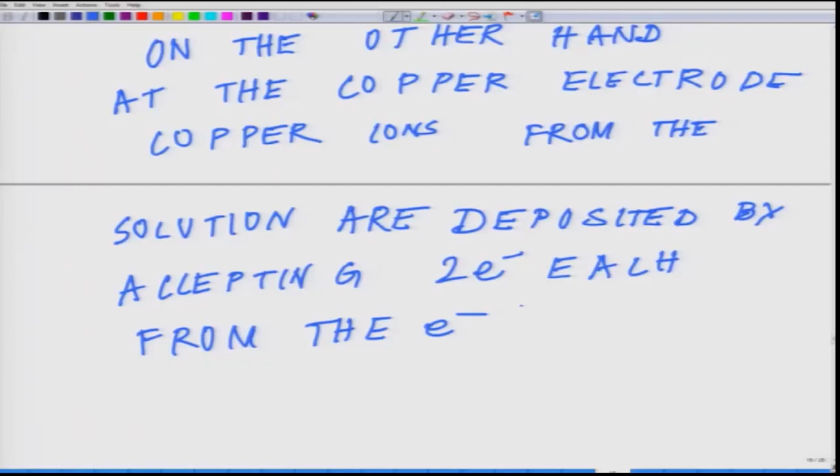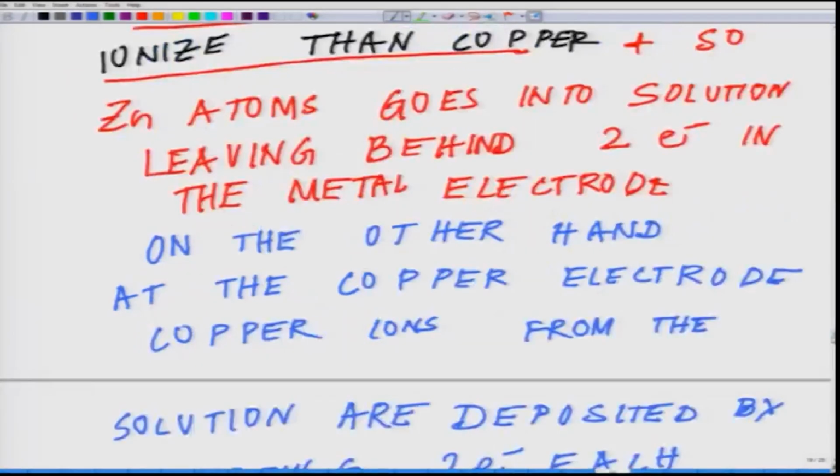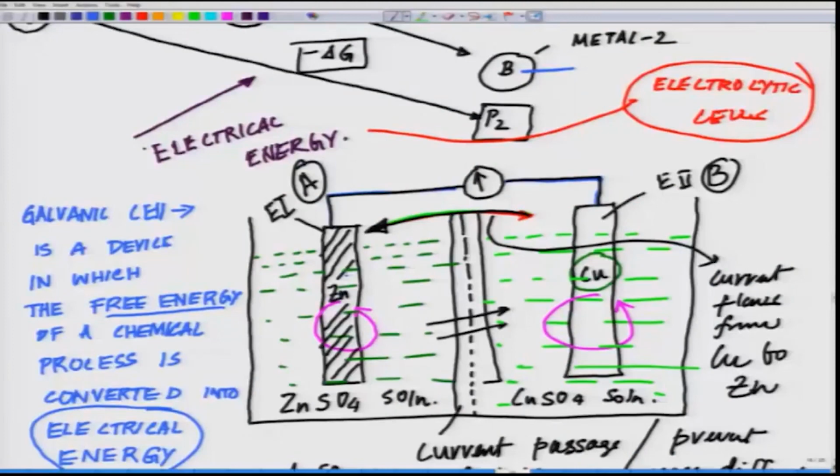Try to understand what I just mentioned. The zinc atom goes into solution. On the zinc electrode, zinc is getting ionized, Zn2+, and here you are left with 2 electrons. It will do this faster as compared to copper.